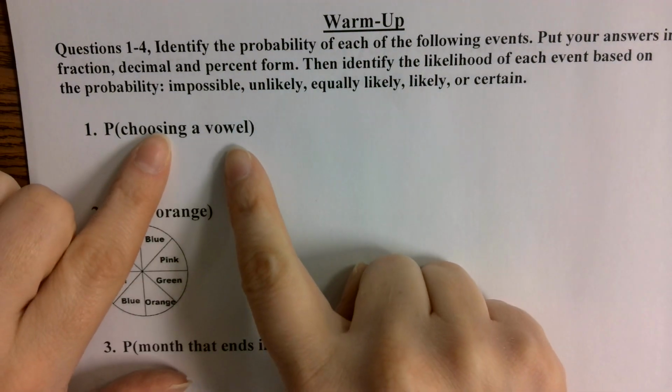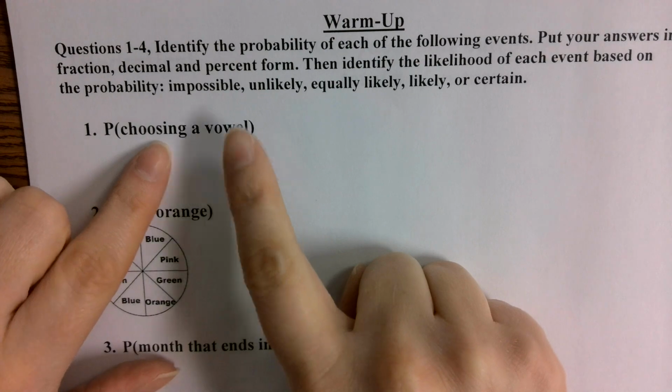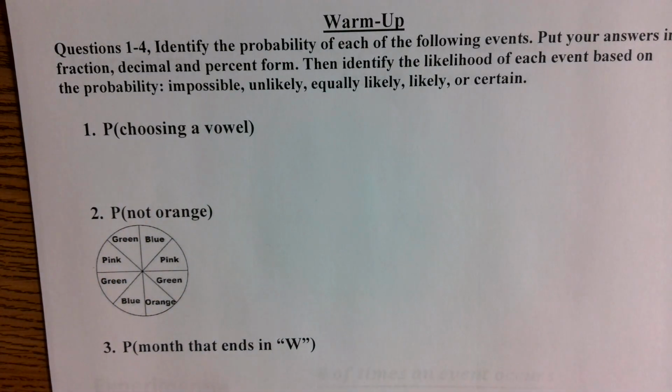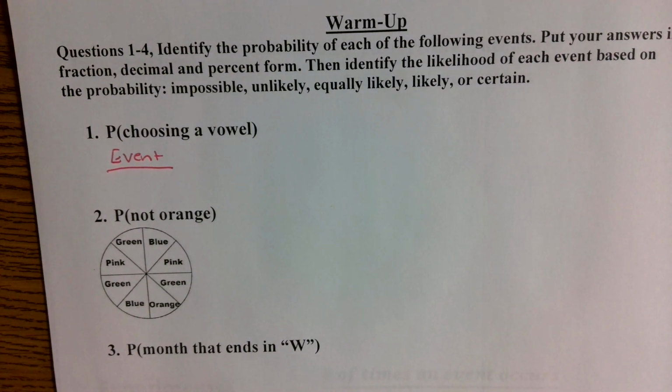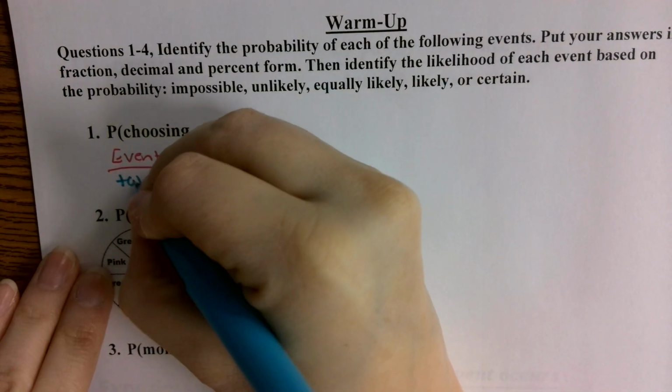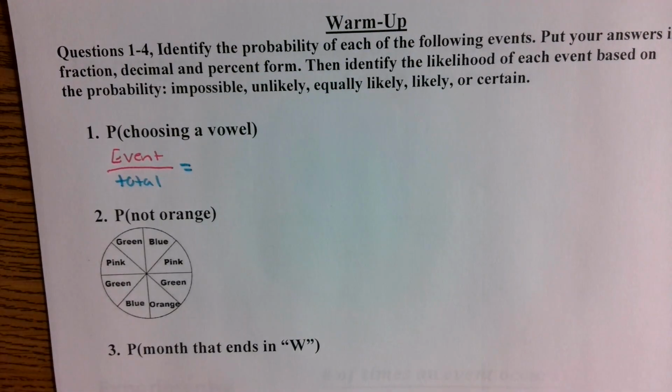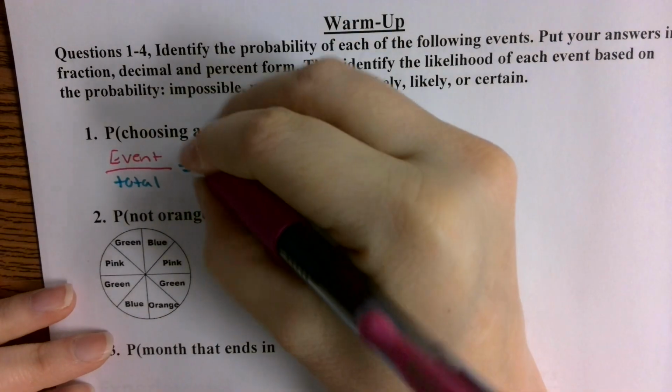All right, so choosing a vowel in the alphabet. So we know we always want to set this up as the event over the total. So the event that we're looking for is to land on a vowel.